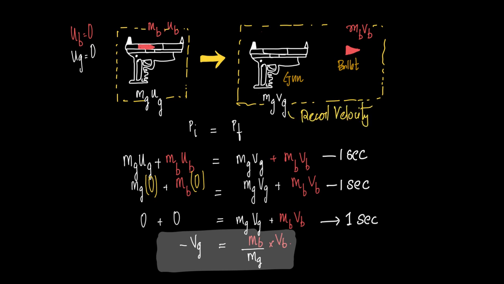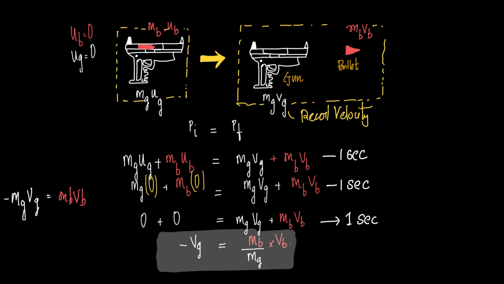So we can write here that mg vg plus mb vb, and if we transpose mb vb to the RHS, what we get is mg vg will be, actually, I just skipped one step. Maybe I should write down that also. So we have mg into vg is equal to minus mb into vb, and therefore we have vg is equal to minus mb by mg into vb.